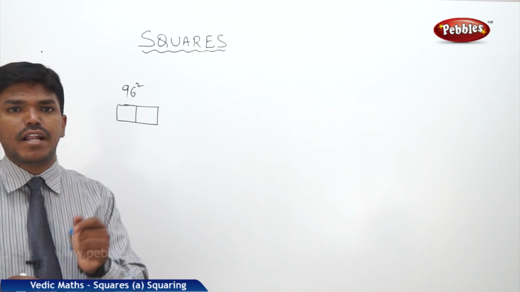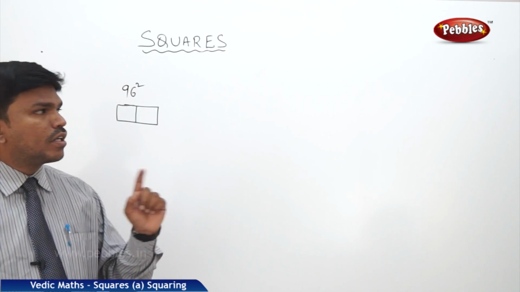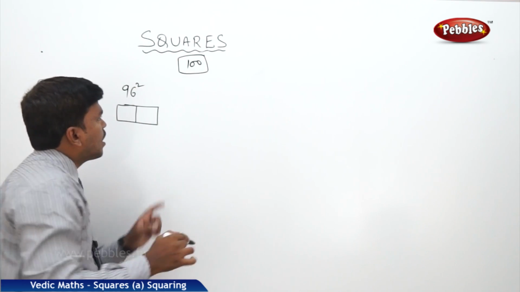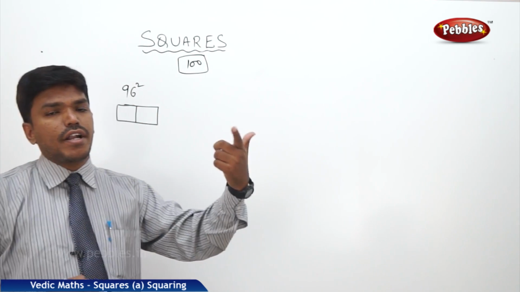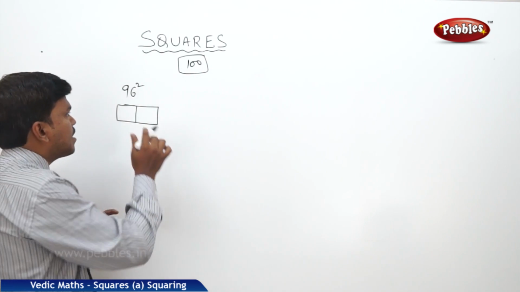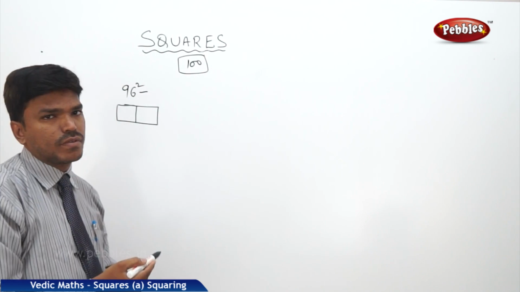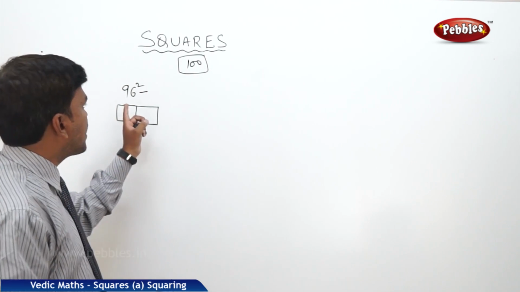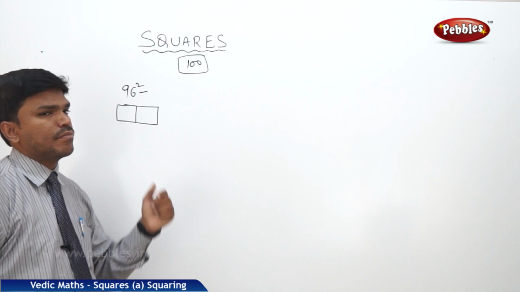Take the help of the base 100 here. Now you tell me, 96, is it more than 100 or less than 100? Less than 100. Yes, if it is less, put a minus symbol here. If it is more than 100, put a plus symbol. That's it. So here 96 is less than 100, so put a minus symbol.